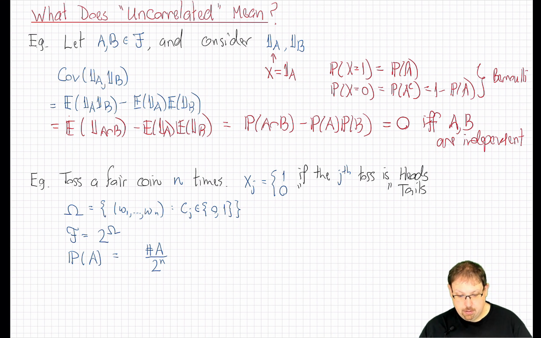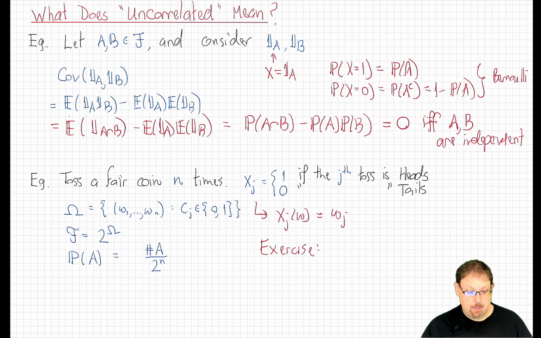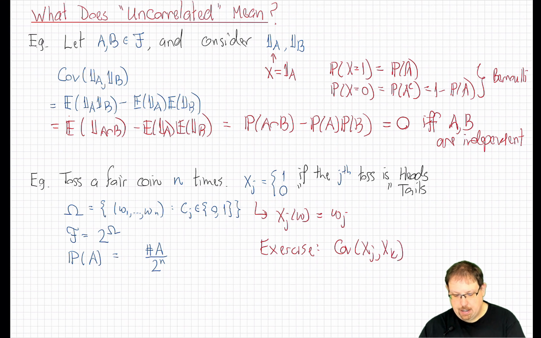In this model, xj of an outcome omega, which is a sequence, is just omega j, the jth term in that sequence. And it is a good exercise for you to work out from first principles that in this model, the covariance of xj and xk is either 0 or 1.